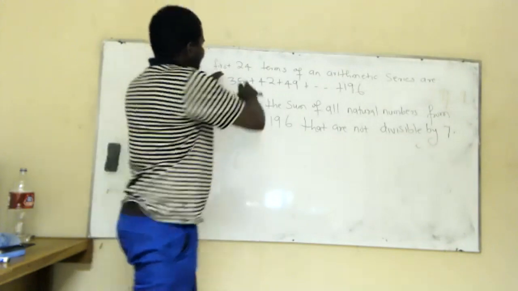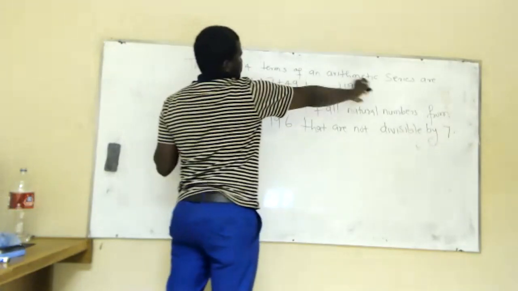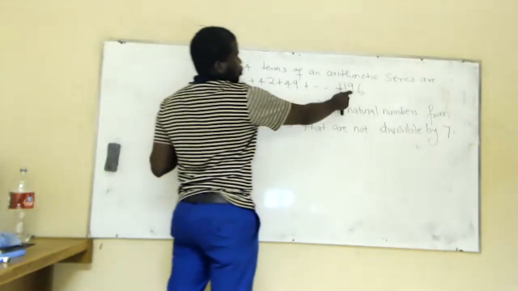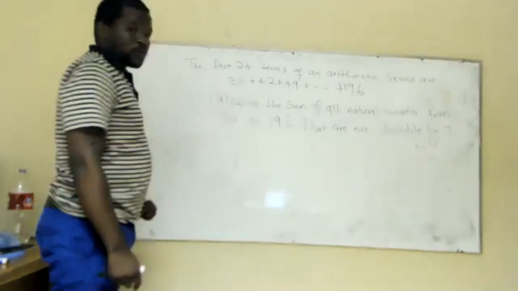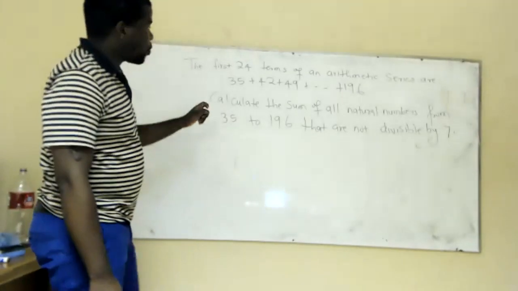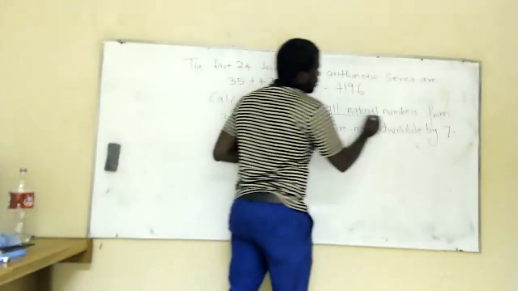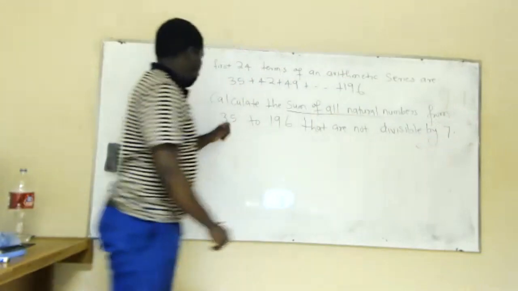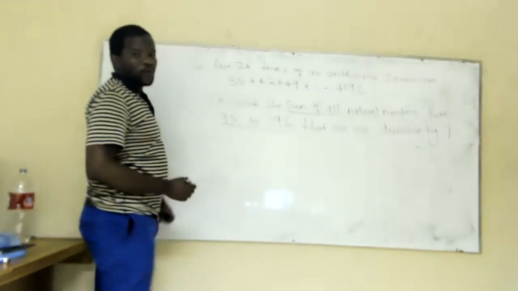It's from 35 up to 196. So now the question requires us to calculate the sum of all natural numbers from 35 up to 196.